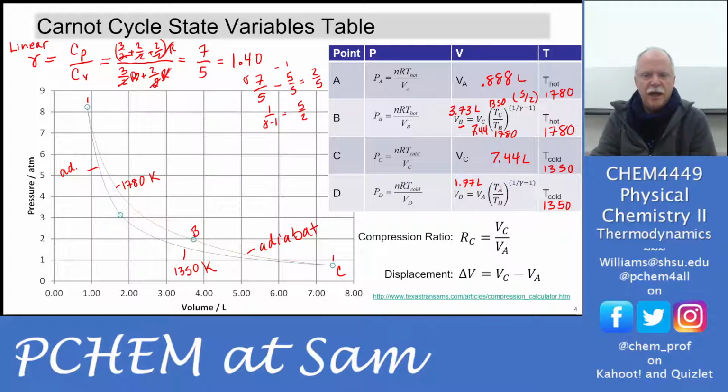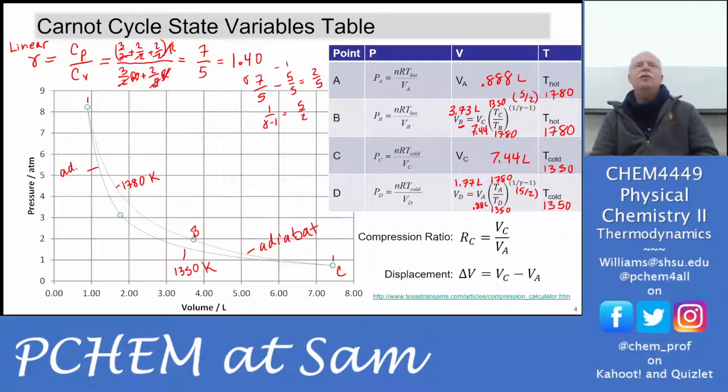Since it's connected to A, we have the temperature of A. So now 1780 on top and 1350 on bottom. Still raised to the 5/2 power. And BA was 0.888. So those are all your numbers for that calculation. Multiply it all, you get 1.77.